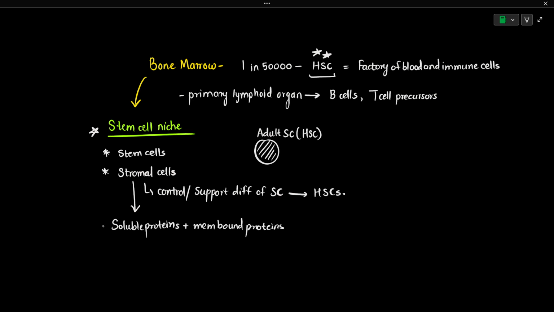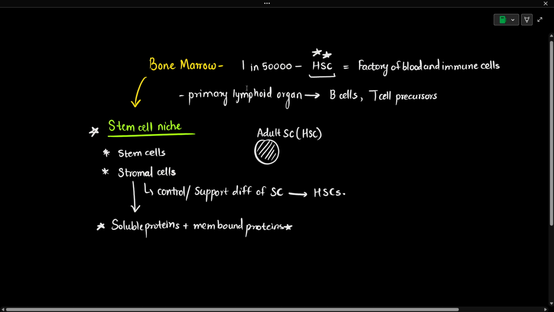Okay, so they are going to secrete those soluble proteins and membrane-bound proteins, which will act as the signaling molecules or the receptors. And this particular job, which will be done by the soluble proteins and membrane-bound proteins, will help in cell proliferation, differentiation, or simply survival.